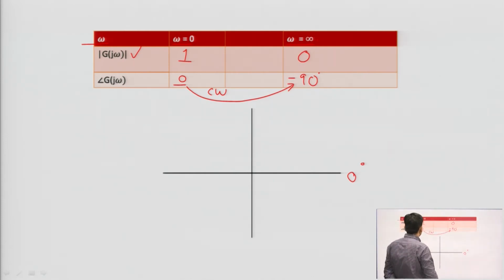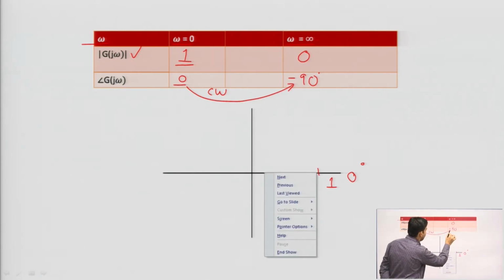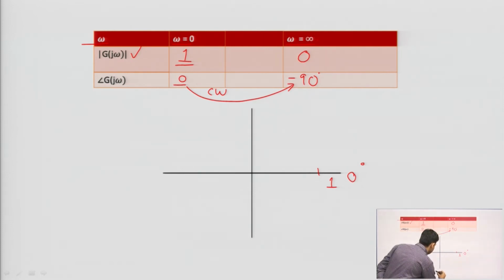Whenever I am starting, my magnitude is 1 at omega equal to 0. And as omega goes to infinity, where do I have to move? I have to move towards minus 90, so minus 90 is here and I have to move in the down direction.